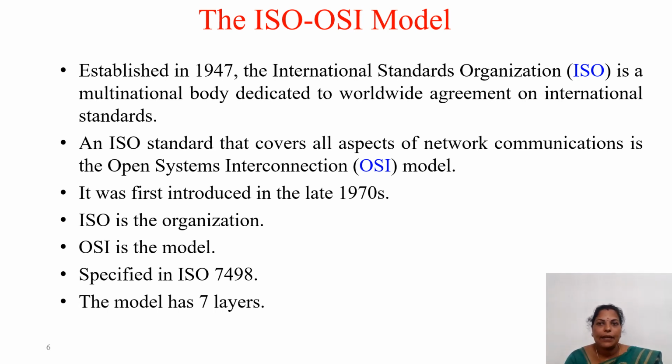In the 1970s, everyone talked about this model only, and it is the very famous model, and everyone felt that this is the best model. But in the 1990s, the TCP/IP model was tested for the internet. So the TCP/IP model is prevailing, and that is only what we are using in all activities.